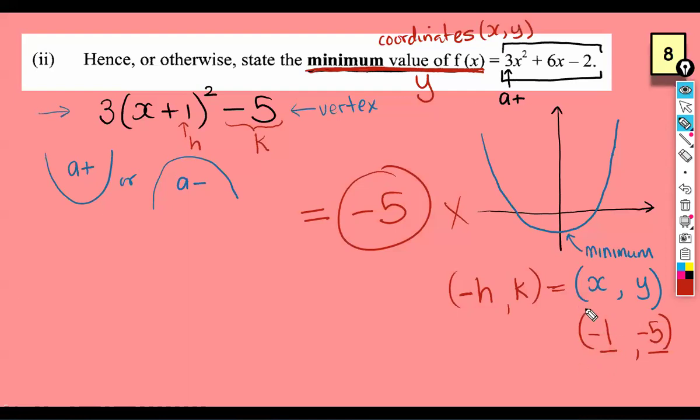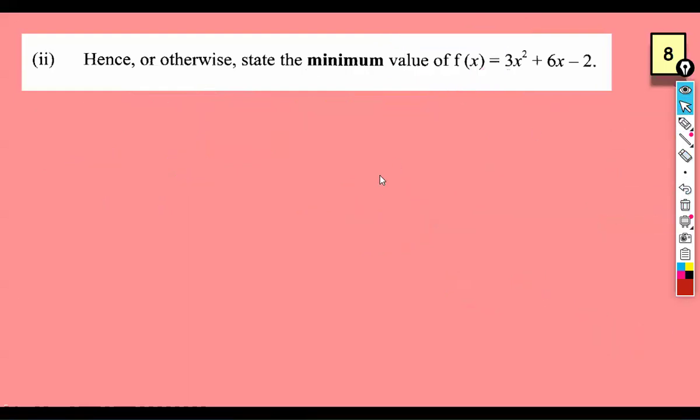Remember, the minimum value means they want the y value only. They definitely don't want the x value, and they definitely don't want both. They only want the y. Right, so let's move on.